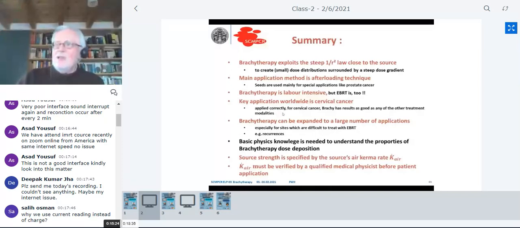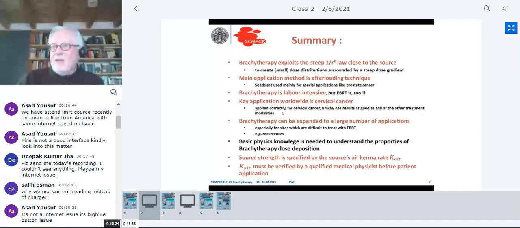And that, I think, is an important message especially for remote regions in lower income countries. Brachytherapy can then be expanded to a large number of applications, especially for sites which are difficult to treat with external beam therapy, for instance, recurrences. So you can do more with brachytherapy than only gynecological brachytherapy.